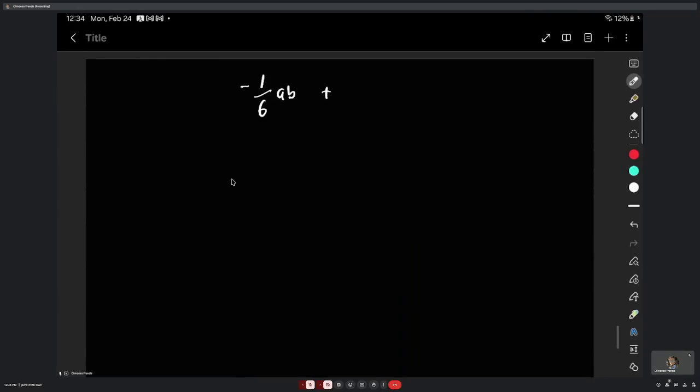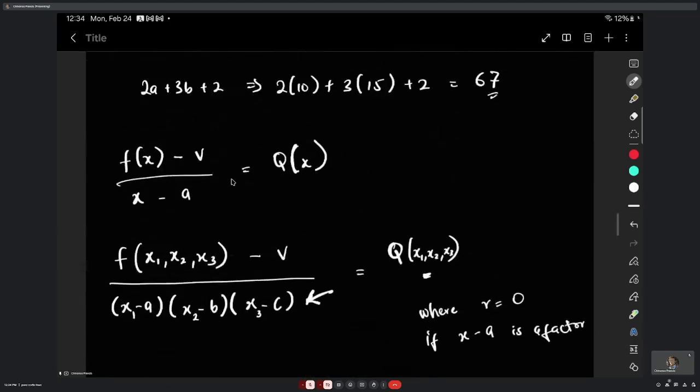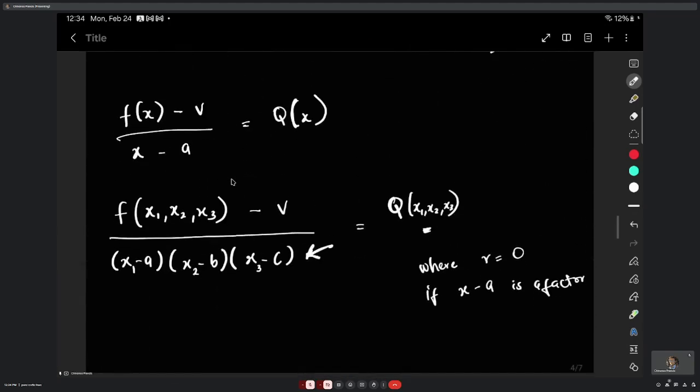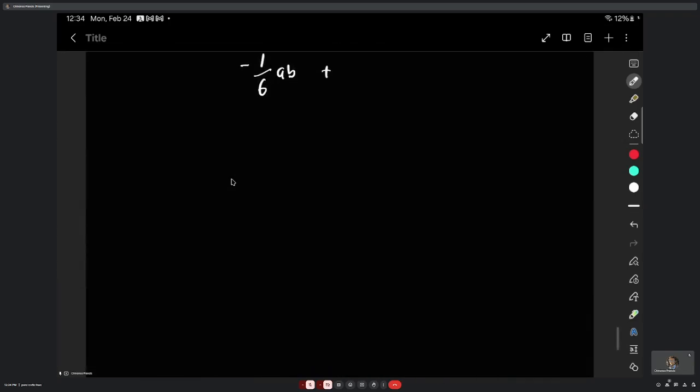But what all these things we've been doing is basically just, we know dividing by the factors one by one works, right? I still question that. Okay, bring 3ab, plus what?